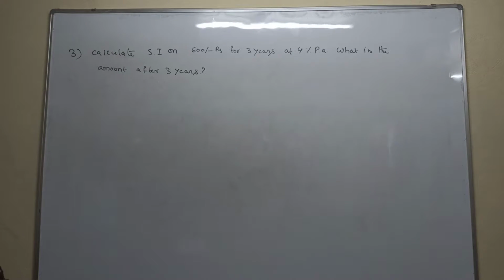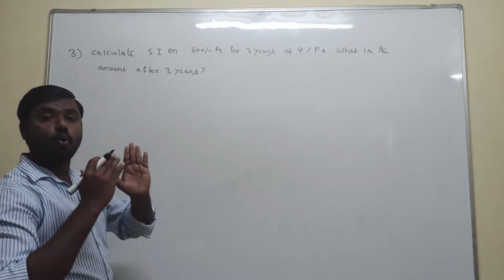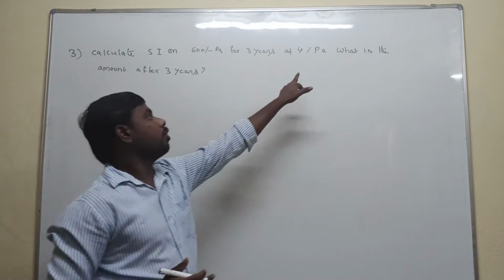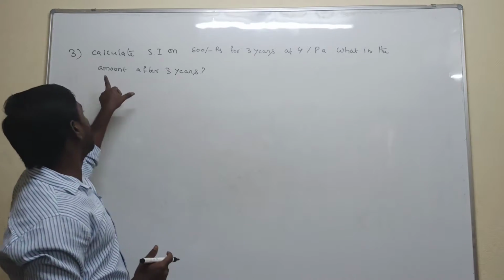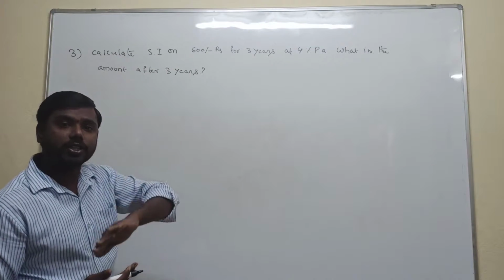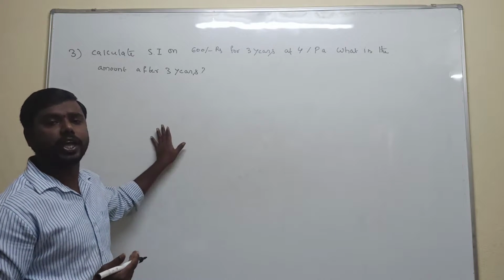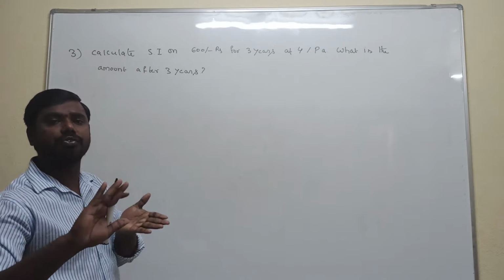In the previous questions we only applied simple interest and only needed to calculate simple interest. But here, what are they asking? What is the amount after 3 years? It means we need to calculate the simple interest and add the principal amount, the total amount after 3 years.